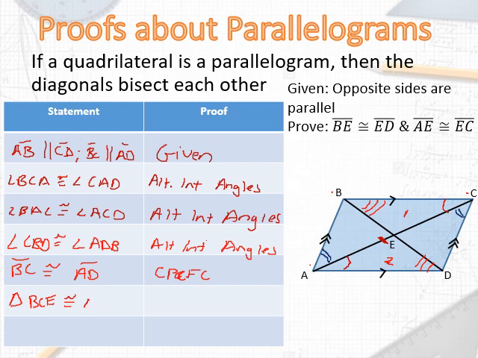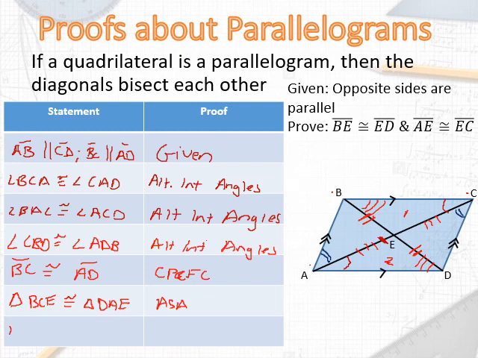And that triangle is congruent to triangle, let's get our letters right, DAE. And we again have angle, side, angle. And then finally, we can say, all right, well, if that's true, then that means BE must be congruent to ED, because they're in the corresponding position, and CE must be congruent to AE, corresponding position.